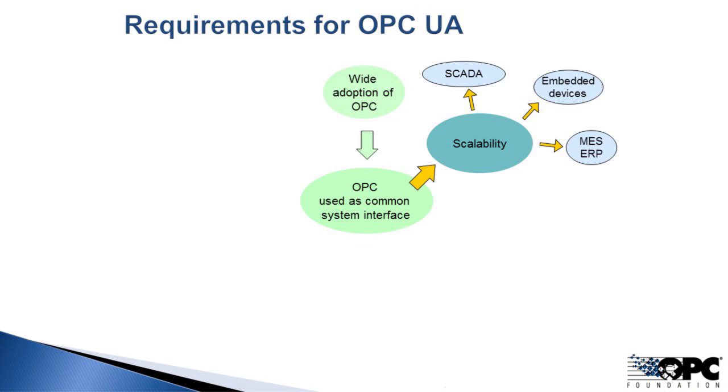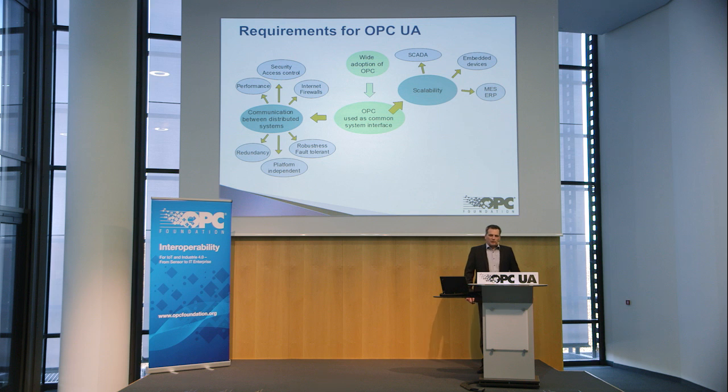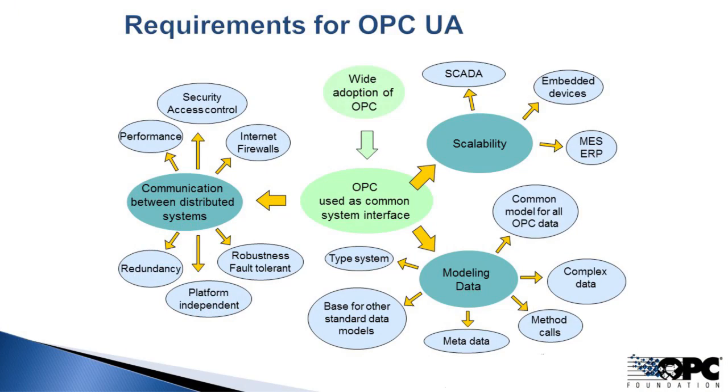It means that you can use the technology on very small embedded devices, but use the same technology as well on larger systems like MES, ERP systems or the classic SCADA systems. In addition to that scalability, for the communication between distributed systems, we also need platform independence. We need a technology that can be implemented on any kind of operating system, not only on Microsoft.